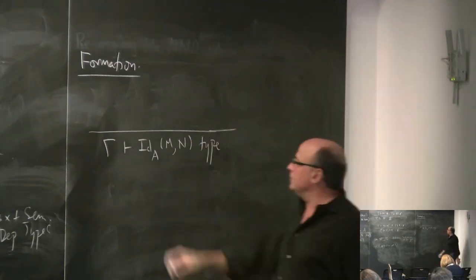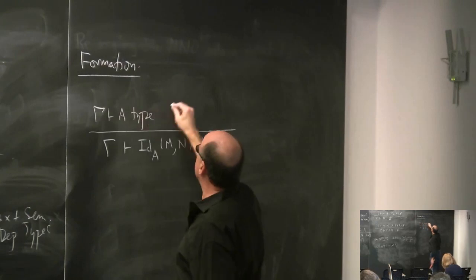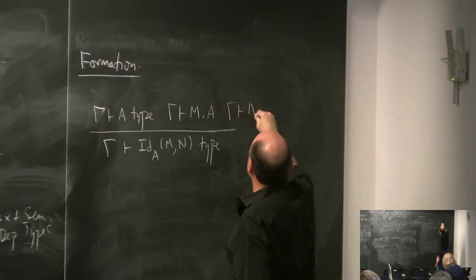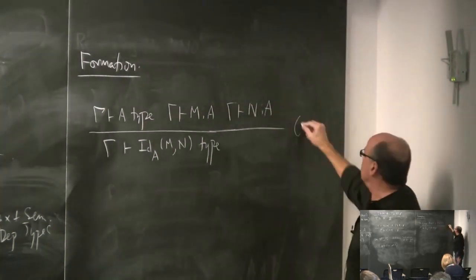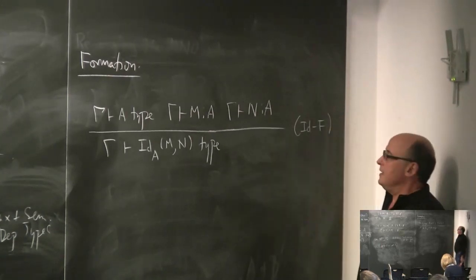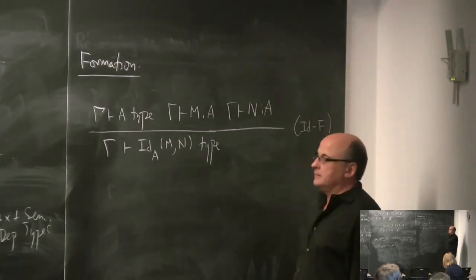That's called a formation rule. If A is a type, and M is in A, and N is in A. So this is called the Id formation rule. Okay, so that just says you can form the type that expresses the equality of M and N in A. Okay?